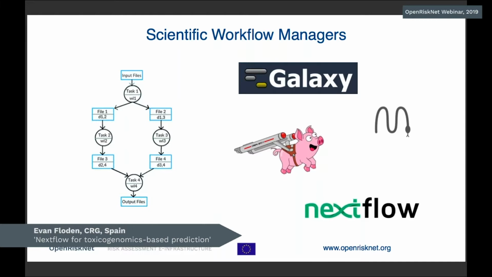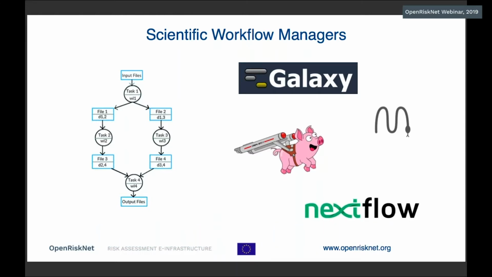You're able to split those tasks and distribute them across different nodes or different infrastructure. By doing so, you're able to leverage the HPC resources that you have available and use them in an efficient way. You're also able to do this across different infrastructure, so you don't have to worry about whether your specific application works in one way, providing that you can put it into a workflow manager with a container. You get around lots of those problems.